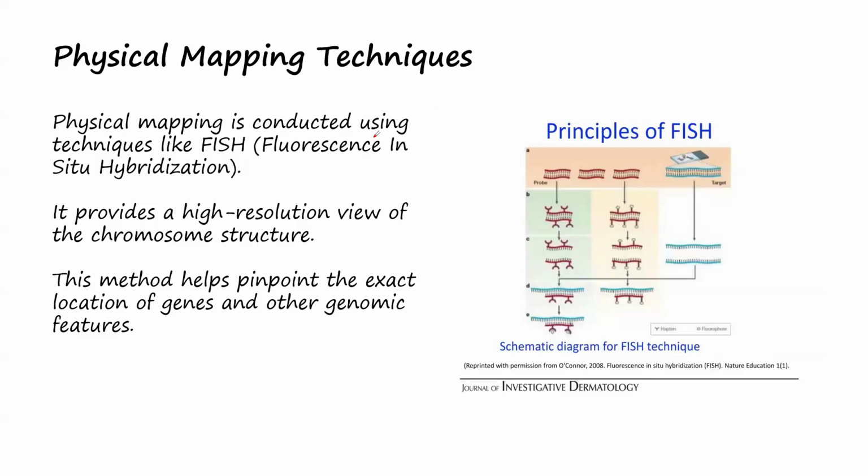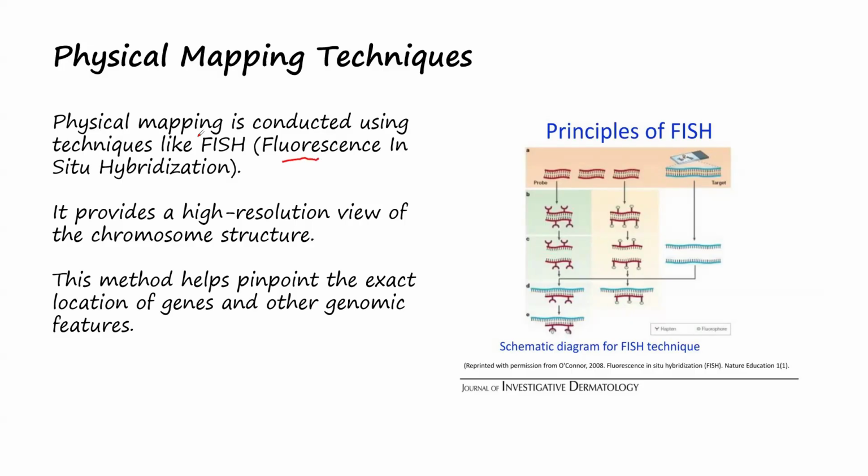The next one is physical mapping. As I explained, physical mapping is a technique that can be used to determine the distance between two genes on a chromosome. It is conducted using techniques like FISH, that is fluorescent in situ hybridization.